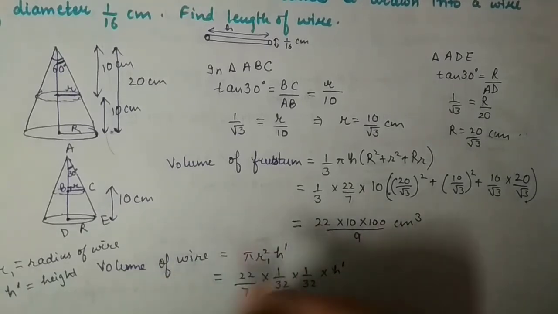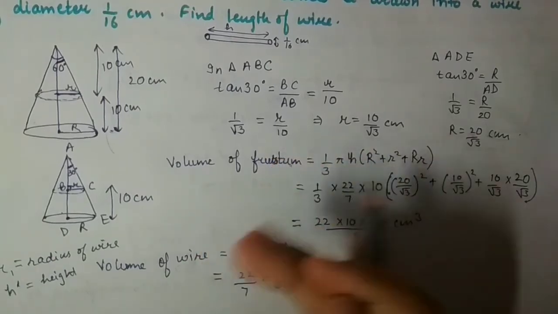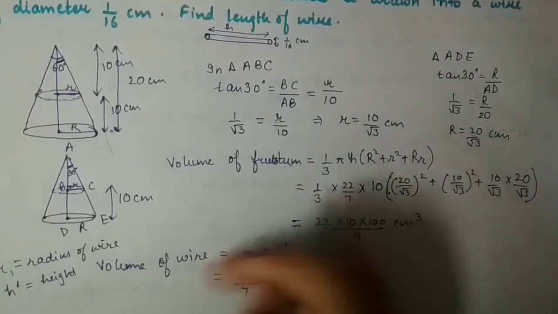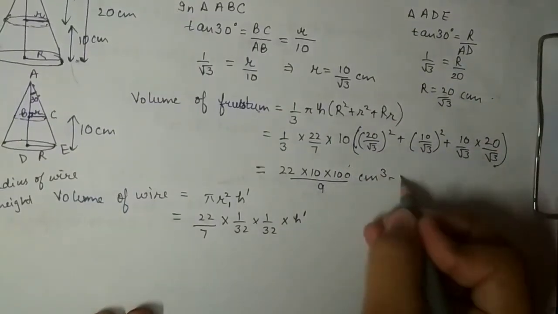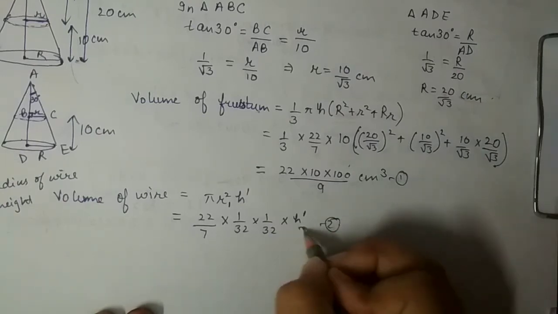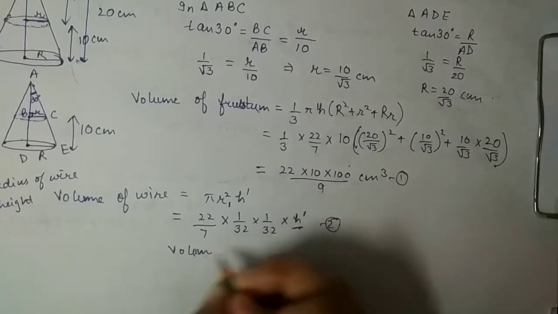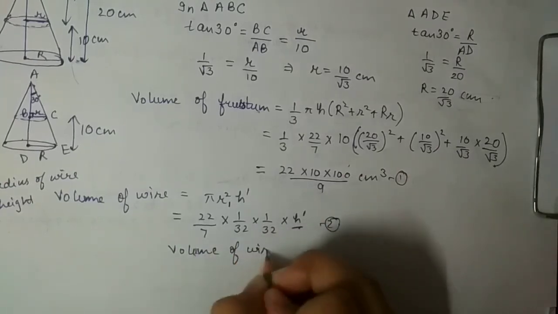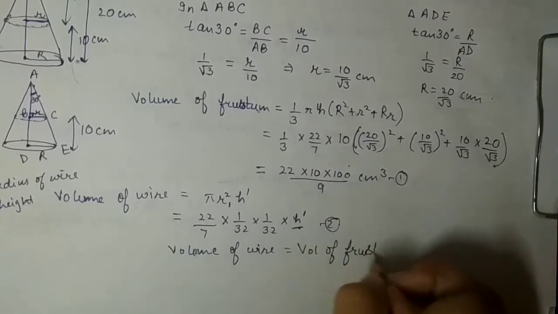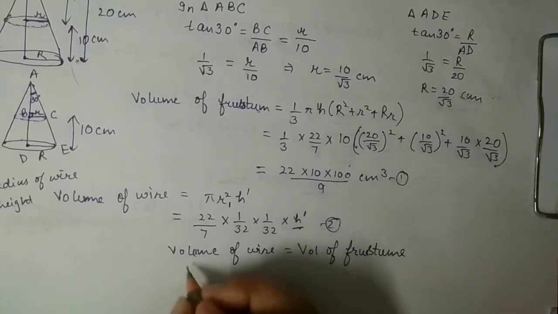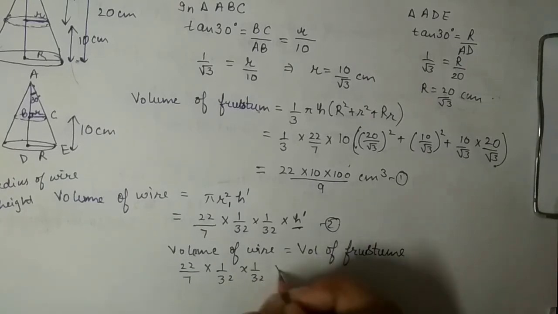Now this volume of wire will be equal to volume of frustum, because this frustum has only transformed into the wire, it is rolled into a wire, so volume will be same. So we will equate these two volumes and find the value of h dash. Volume of wire is 22 by 7 into 1 by 32 into 1 by 32 into h dash.